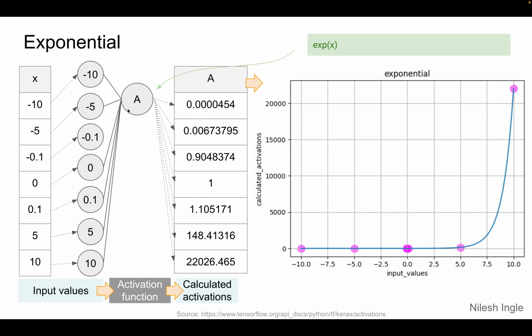And let's say that we have a neuron A that gets all of these values, and that neuron is using the exponential activation. So the values that we get after they are processed using an exponential activation are written on the right hand side, where we have the column A with the converted values.